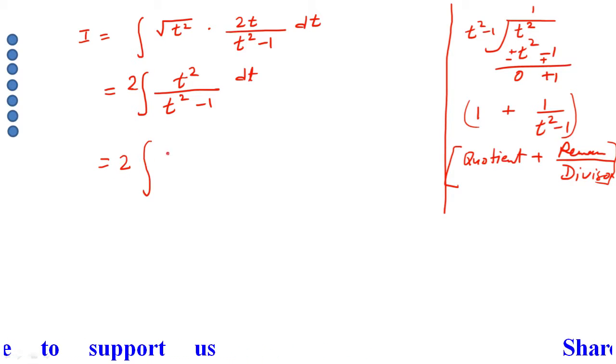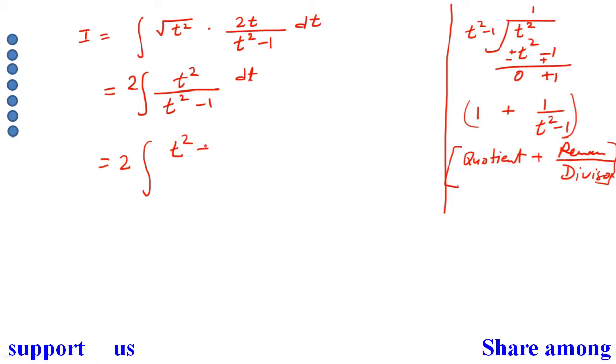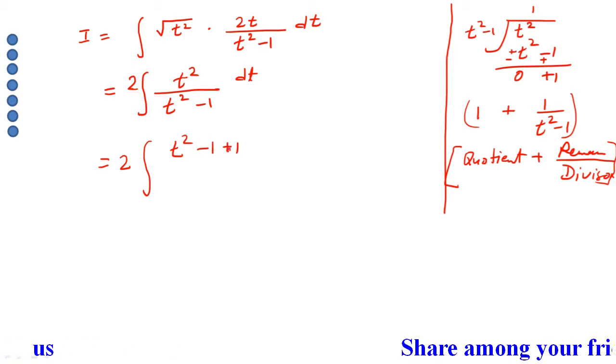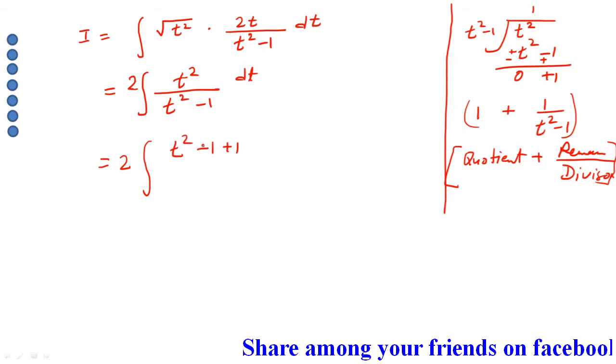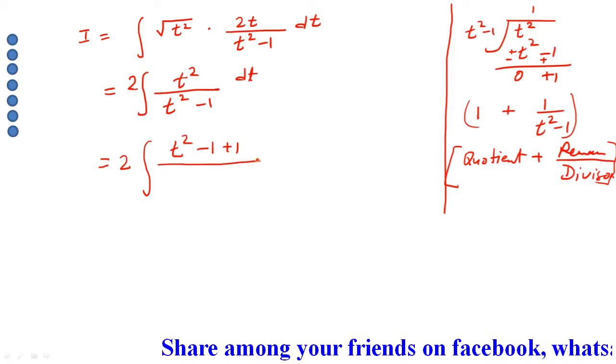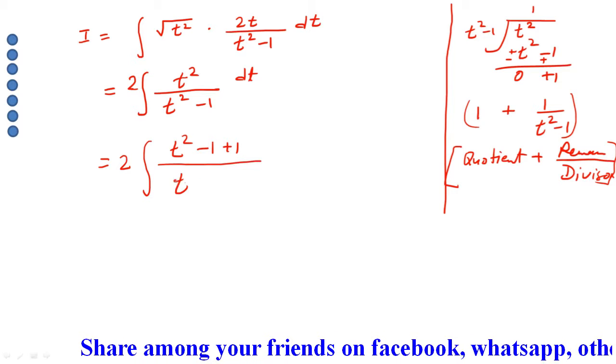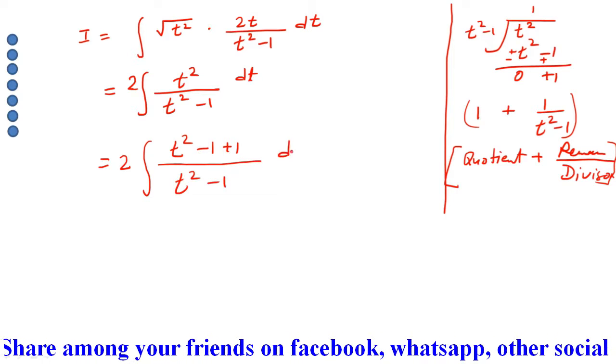By this you can get it, or there is one other short method that I am doing here. What you should do is just do minus 1 and plus 1, so that it is balanced, because minus 1 plus 1 is 0. So we are not making any change; the extra thing we are adding, we are also subtracting, so the meaning remains the same.